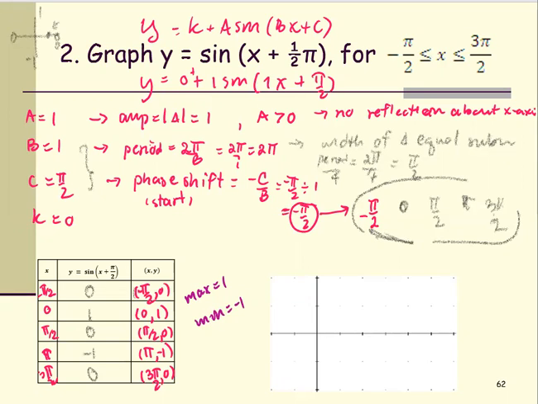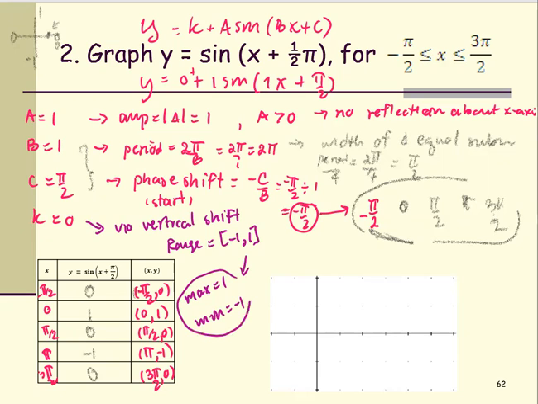Since k is 0, that means no vertical shift. So the range of the graph is k plus or minus the absolute value of a, in this case just negative 1 to 1, which matches the max and min that we got from the table.